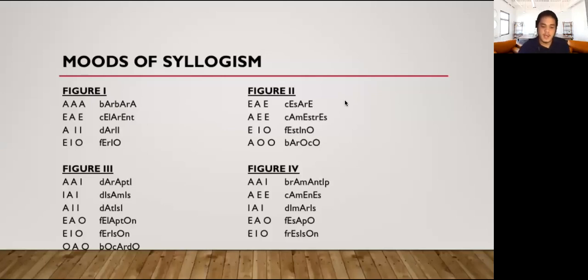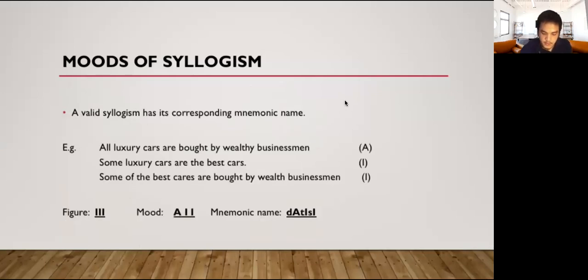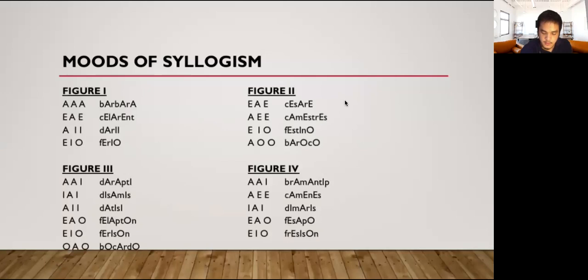So in this case we have figure one, EAE, and the mnemonic that stands for EAE is Celarent. So in this case, Celarent is the mood of that specific syllogism. That it becomes now valid because it falls under a specific mood.